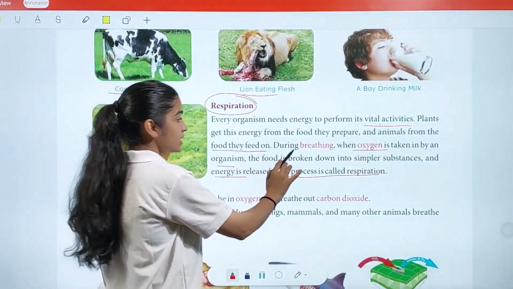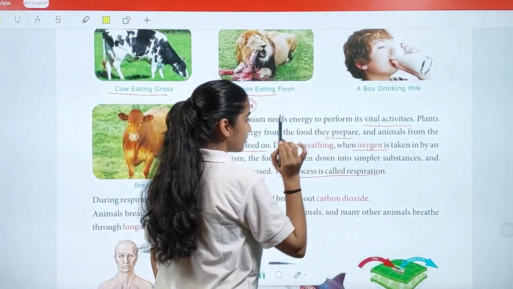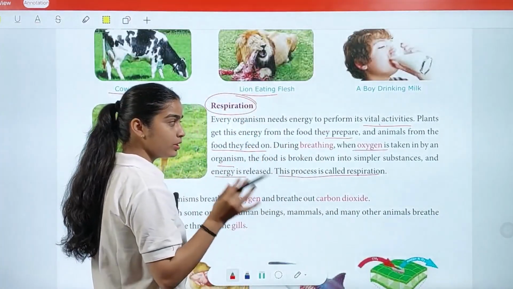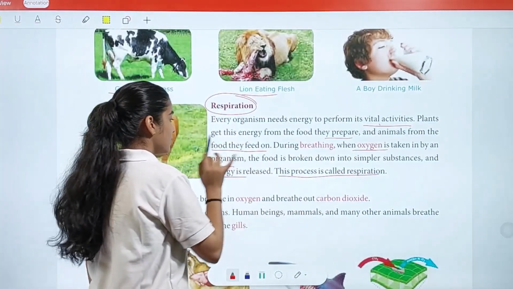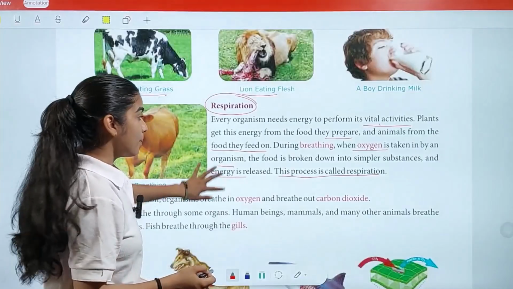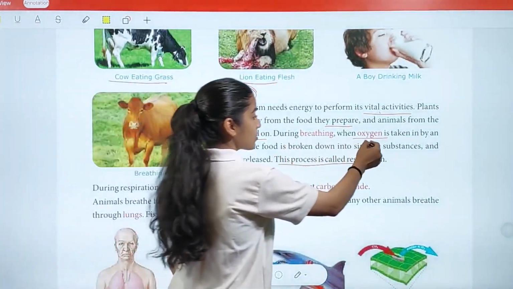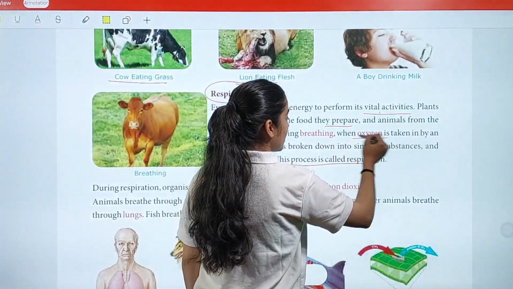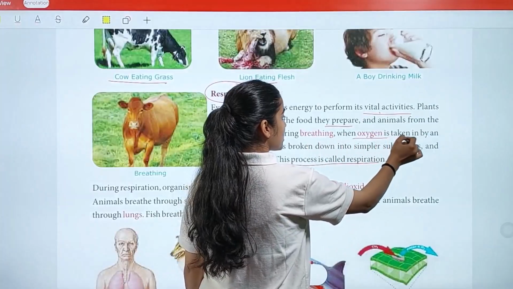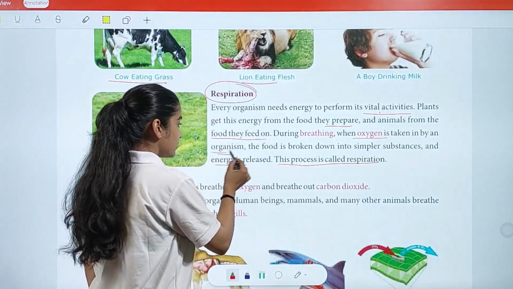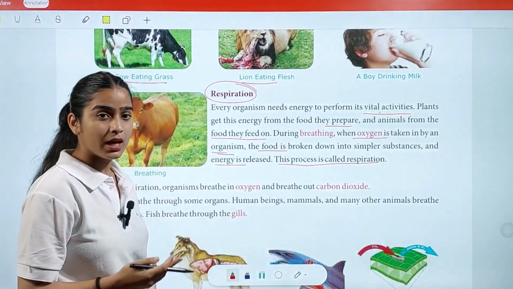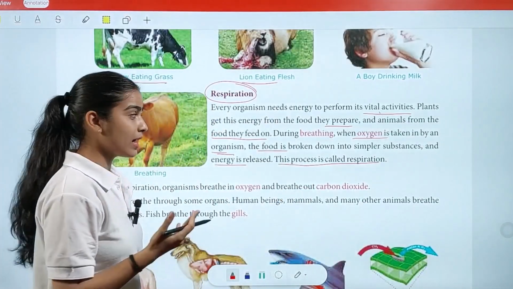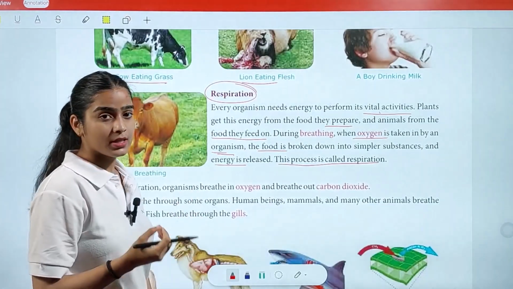Plants generally get their energy from the food they prepare through photosynthesis, and animals from the food they feed on. But during breathing, when oxygen is taken in by an organism, the food is broken down. So now we are discussing how this food helps us to breathe and how the breathing process happens.